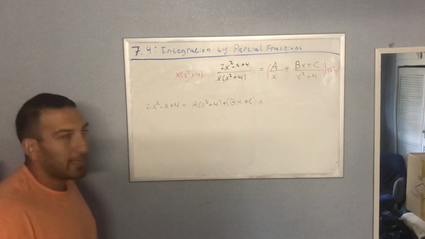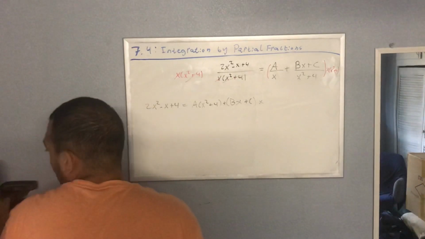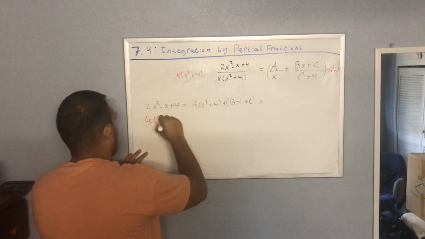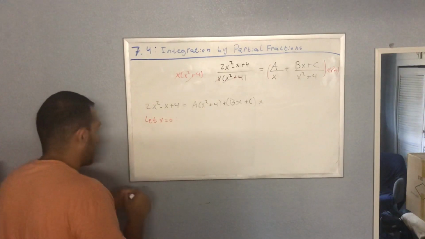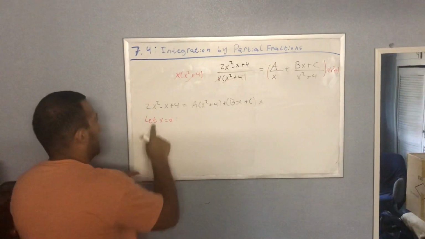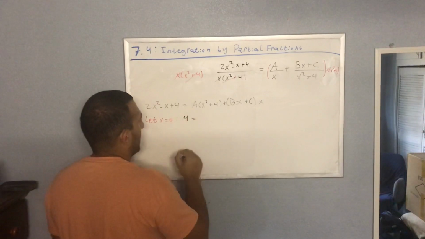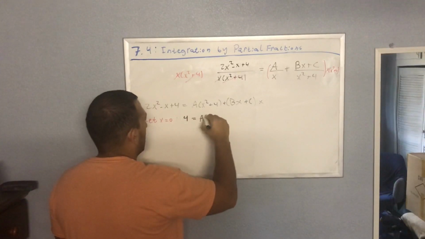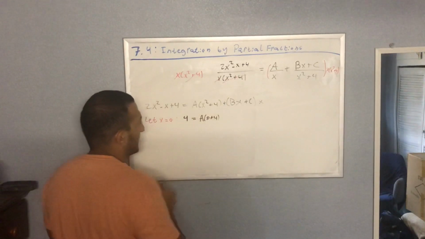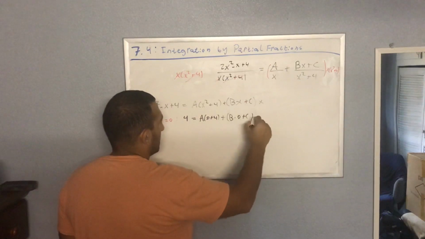Okay, and now we're going to do those tricks that we normally do. So what were those tricks? We're going to let x be 0. So if x is 0, what do we get? This goes to 0, that goes to 0, so you're just left with 4. And that's going to be equal to A times 0 squared plus 4, plus B times 0 plus C times 0.